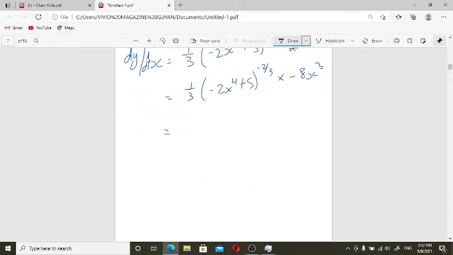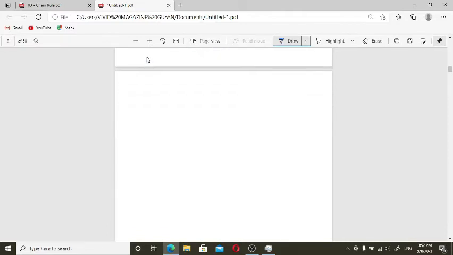So this is equal to minus 8x cubed divided by 3, open bracket, minus 2x to the fourth plus 5 raised to 2 thirds. Alright, we bring on the hard stuff already. Yeah, right. No one wants that. Alright, let me just make sure this is the right one.